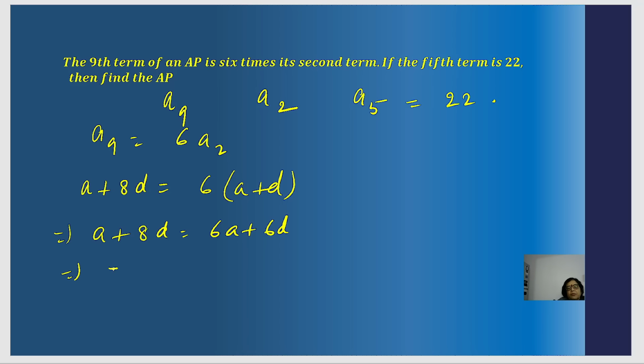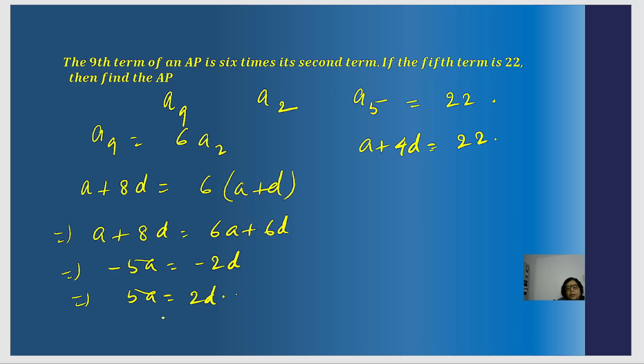So this becomes minus 5A is equal to minus 2D. That means 5A is equal to 2D. Now A5 is equal to A plus 4D, and this is equal to 22. Here 4D is there. Now we can solve it by any method. You can take this as equation 1 and this as equation 2, and do elimination or anything.